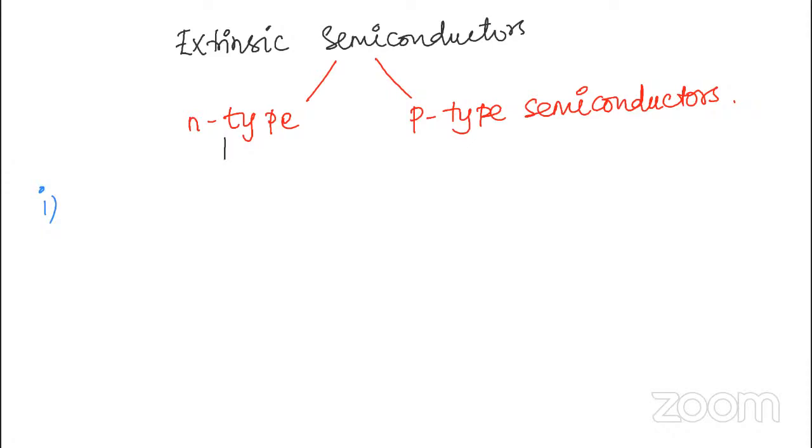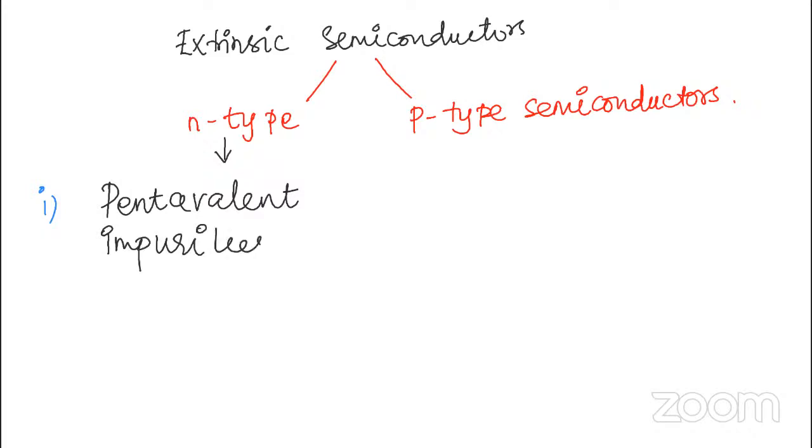When making the semiconductor, the pentavalent impurities are added. Okay, right.